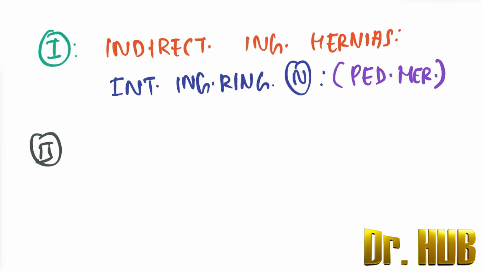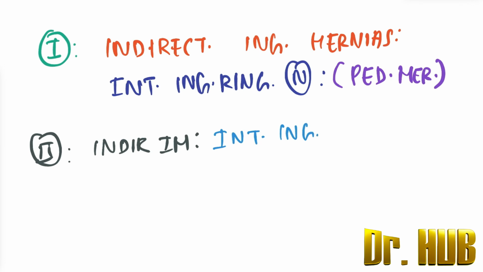The second type is again the indirect inguinal hernia. Here the internal inguinal ring is dilated, but the posterior inguinal wall is intact.